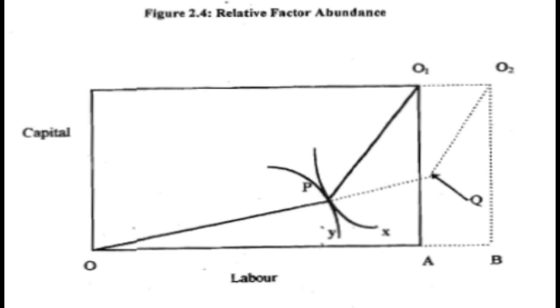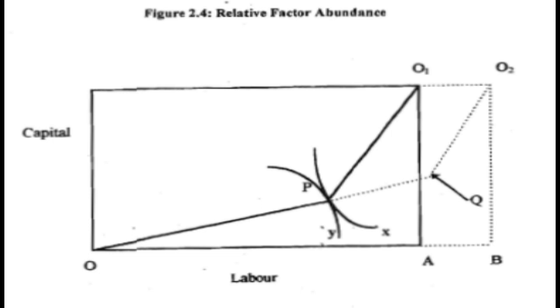In other words, P is the point where the goods are being produced at the minimum cost. Also note that as in figure 2.2, X is the labor-intensive good and Y is the capital-intensive good. We can easily see this by comparing the slopes of OP and OP, which tells us that the X industry uses less capital per unit of labor than the Y industry.